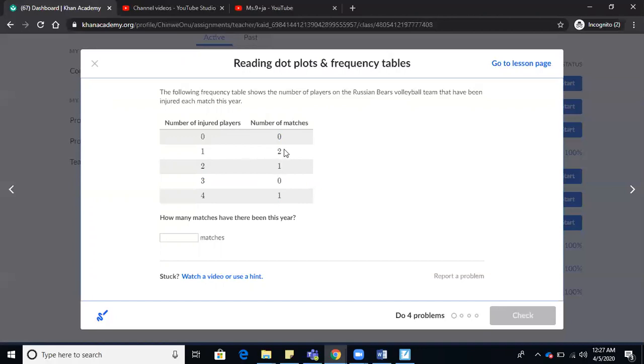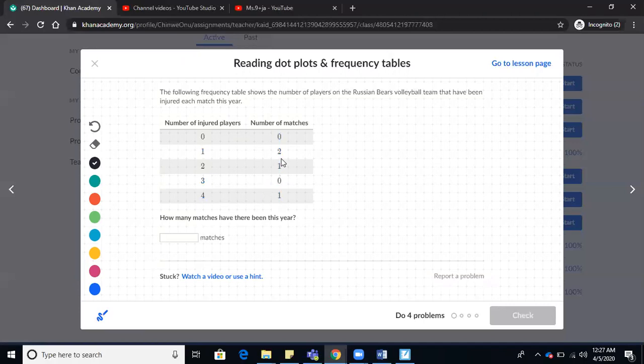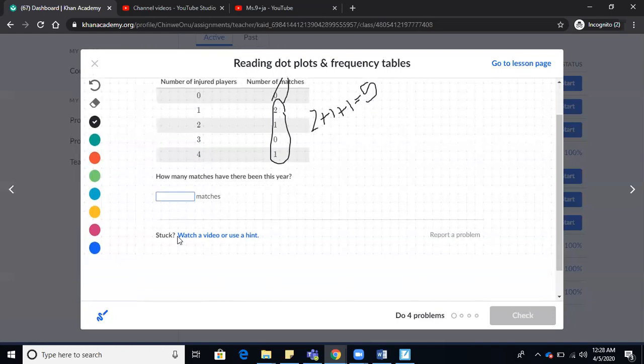So the total number of matches will be all this added together: 2 plus 1 plus 1. So I have a total of 5 matches, right? I mean not 5, 4.